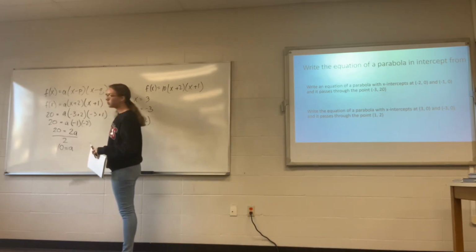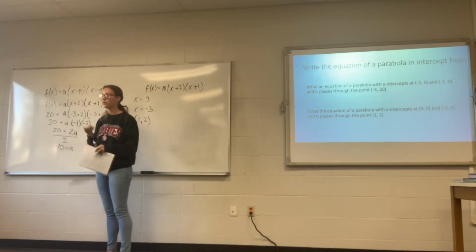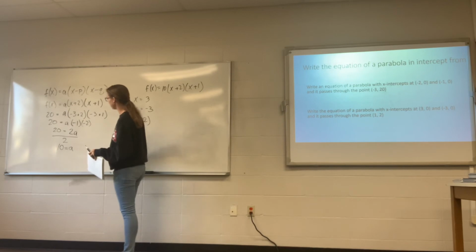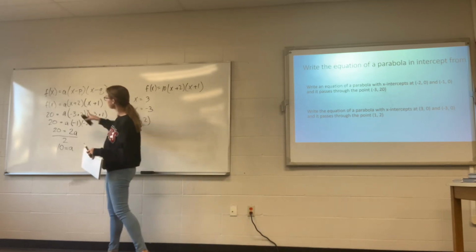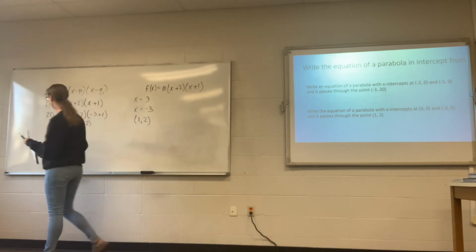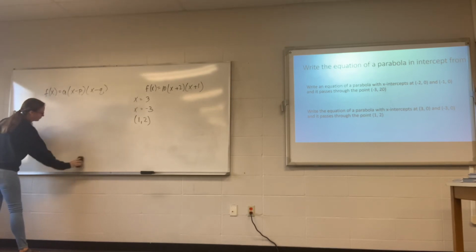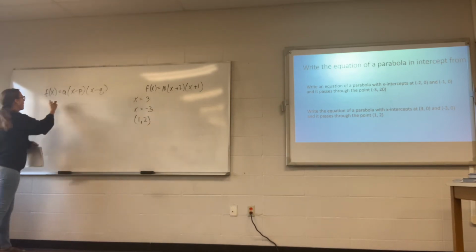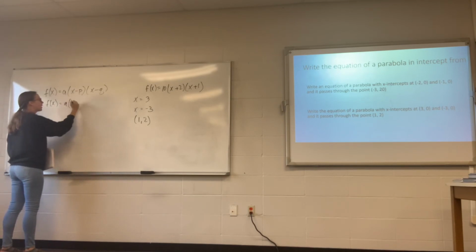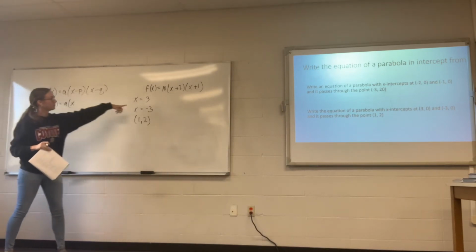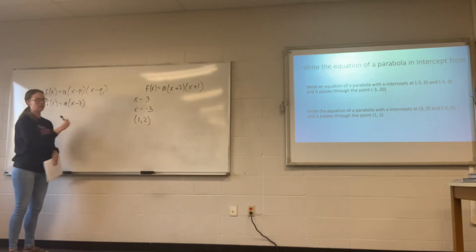Okay, so I'm gonna use this intercept form again to start off. So it's f of x is equal to a, and then (x - p)(x - q). So now I'm going to go ahead and plug in my two x-intercepts for my p and my q. If I do that, I have f of x is equal to a times (x - 3), so that's the opposite of what it is.